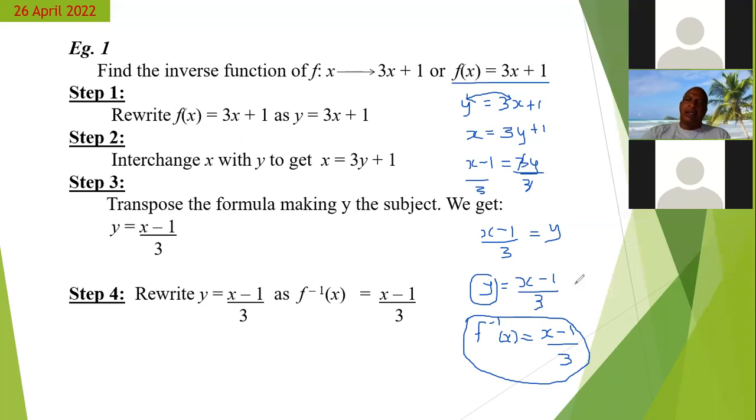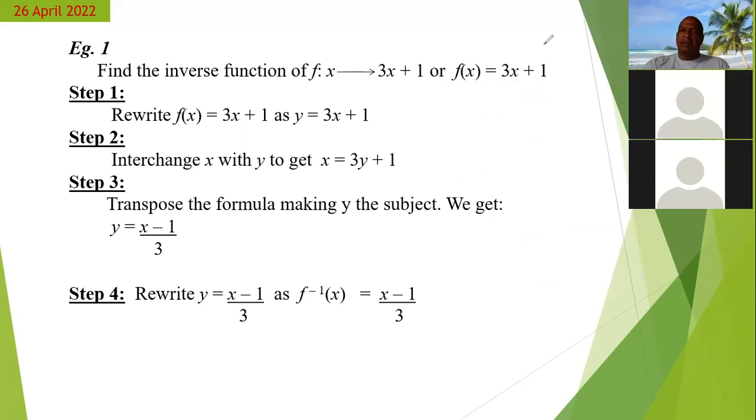All right, so the steps are pretty much what you need to remember. Once you remember the steps, then it is easy to find the inverse of a function. So here the inverse would be f to the minus 1 of x equal to x minus 1 over 3. Now, one thing to note, when you have this fraction, you could write this as 1/3.